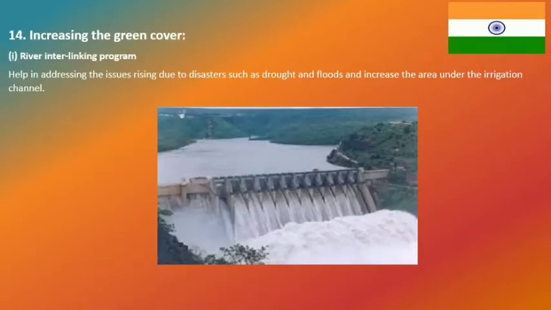So the 14th, which is India is focusing on increasing the green cover. In this, if I talk about green cover, the first is river interlinking. By this interlinking, it will help in addressing the issues arising due to disasters such as droughts and floods, and increasing the area under irrigation channels.